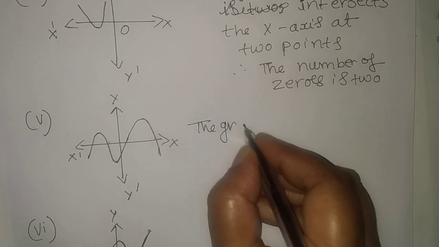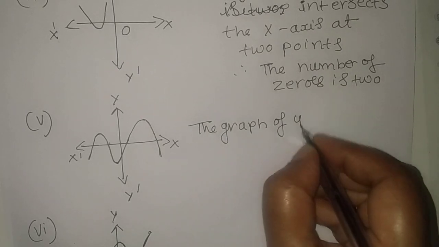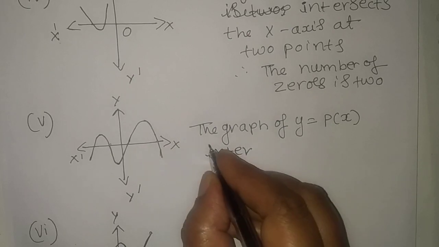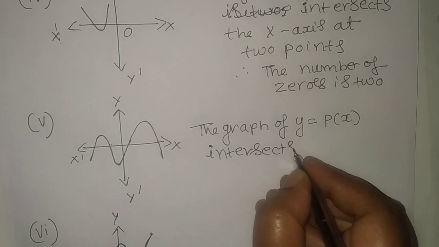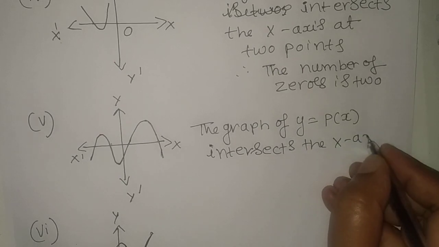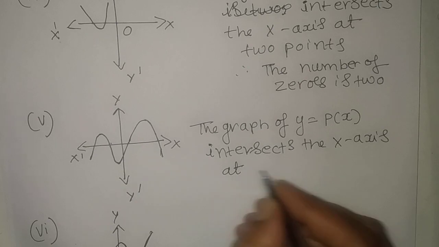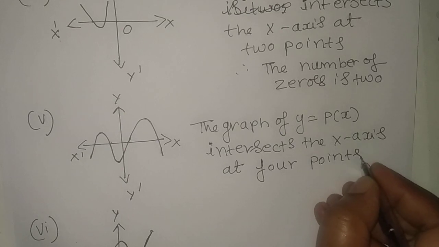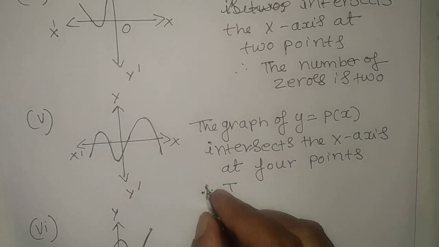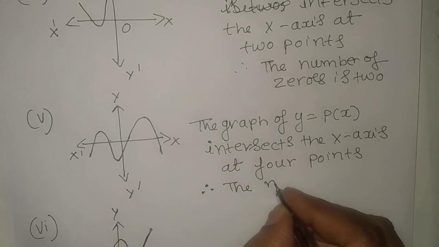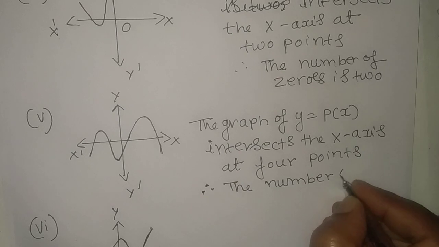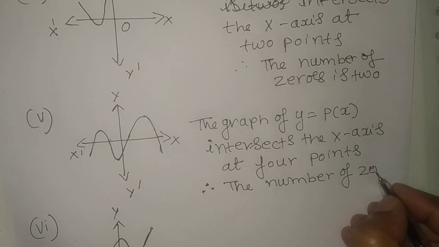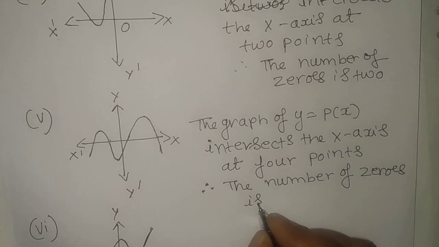The graph of y equals p of x intersects the x-axis at 4 points. Therefore, the number of zeros is 4.